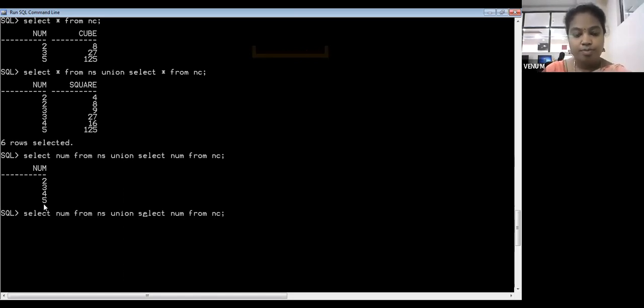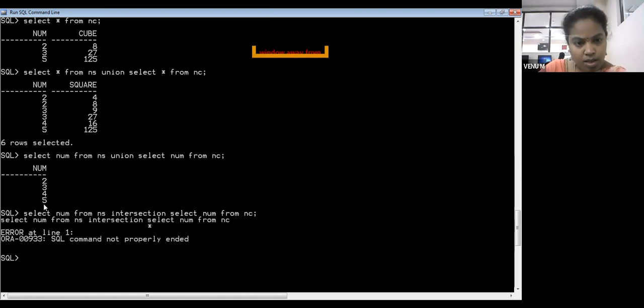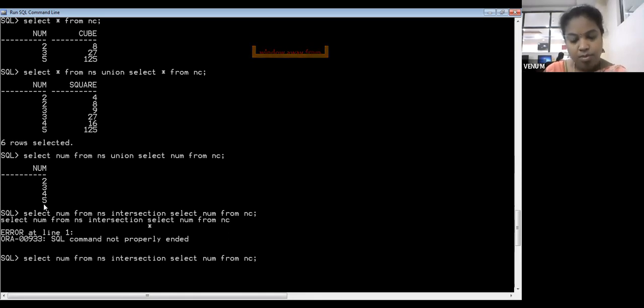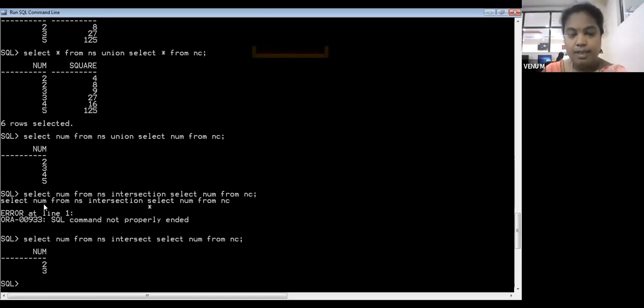At the same time you have to observe intersection. What is the keyword you have to use for intersection?